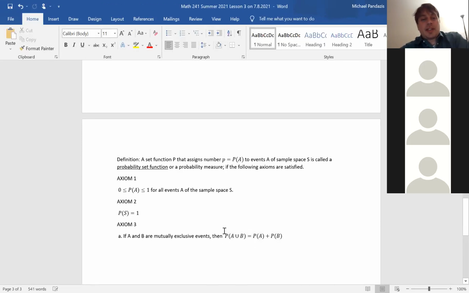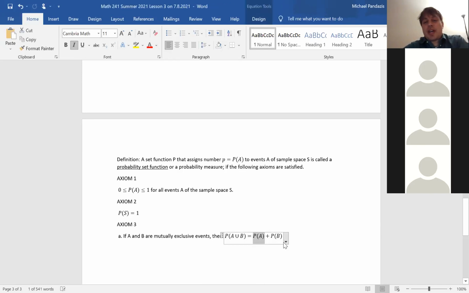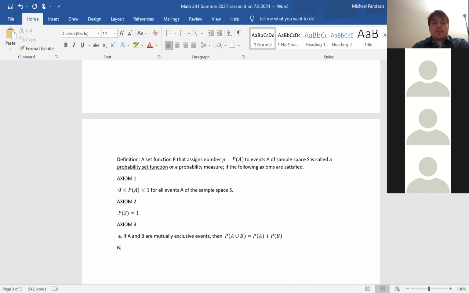Remember, P is a set function. The inputs are sets and the outputs are numbers. And so if P of A is a number and P of B is a number, we can add them. Okay. But this property is saying that if A and B are mutually exclusive events, then P of A union B is equal to P of A plus P of B. Okay. So that's that statement.